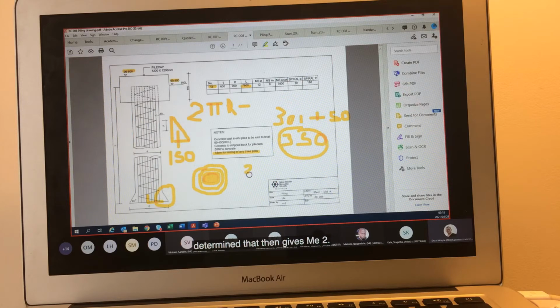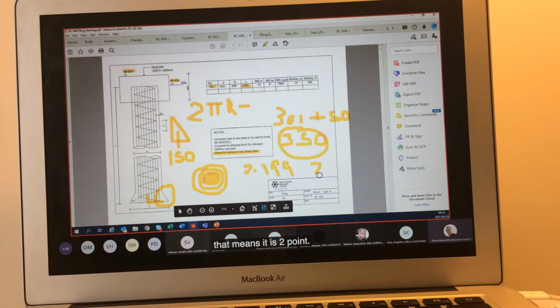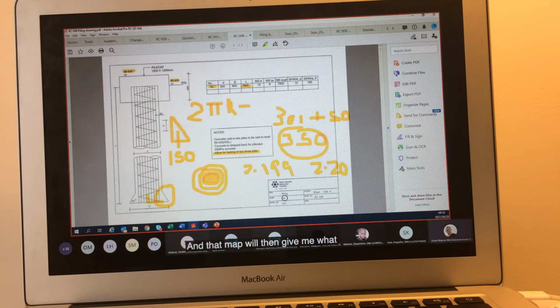And that then gives me 2.199, and because I work in 2 decimals only, that means it is 2.20. And that's going a long way in getting to that, and that will then give me what I need to determine.